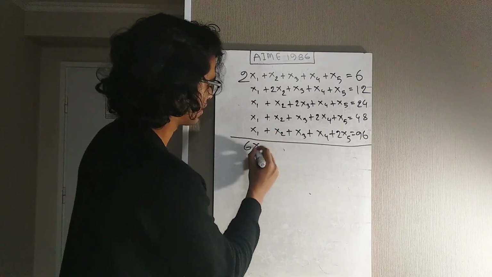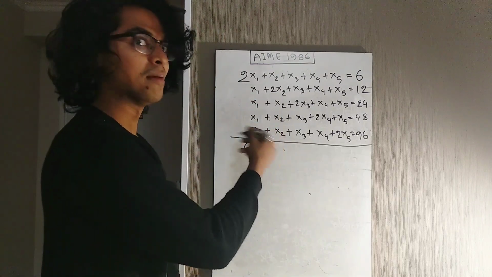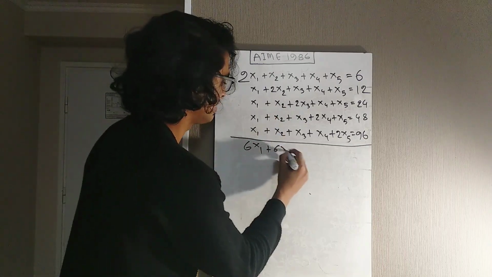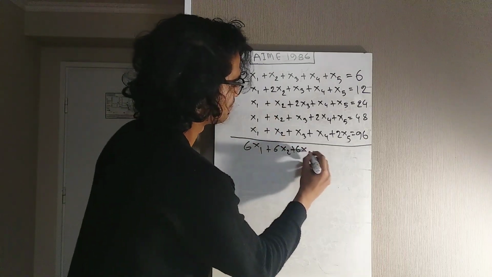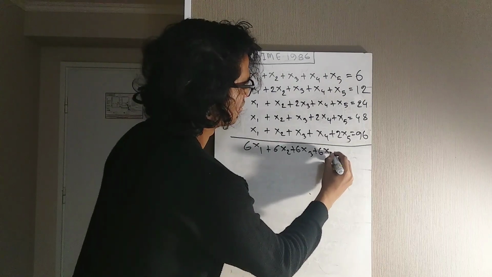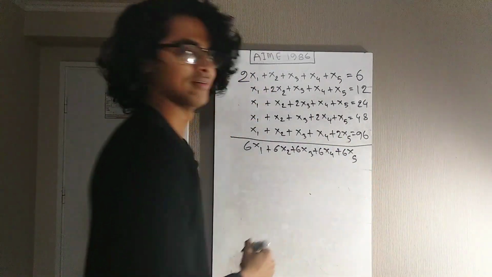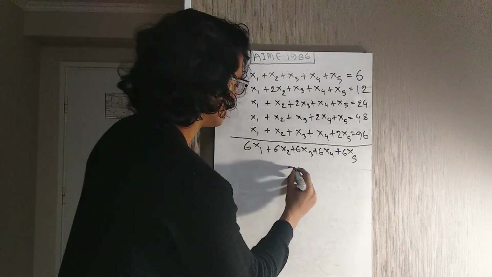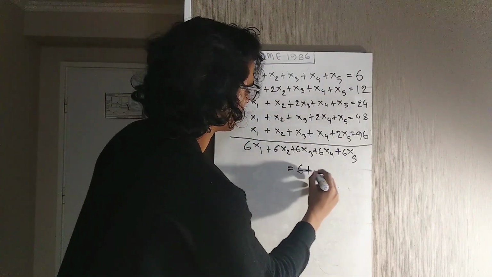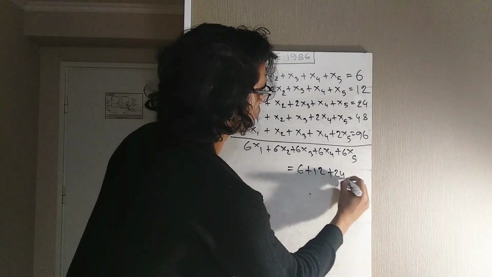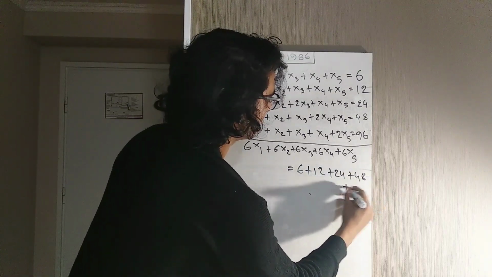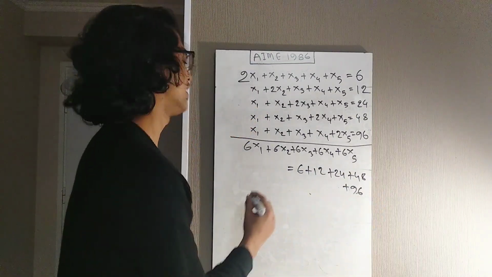So you have 6x1, and then you also have 6x2, right? And then 6x3, 6x4, and then 6x5. On the right side, you'll have 6 plus 12 plus 24 plus 48 plus 96, right?